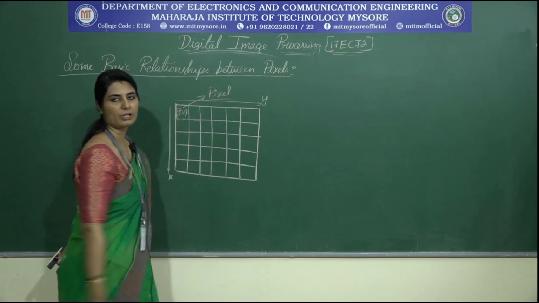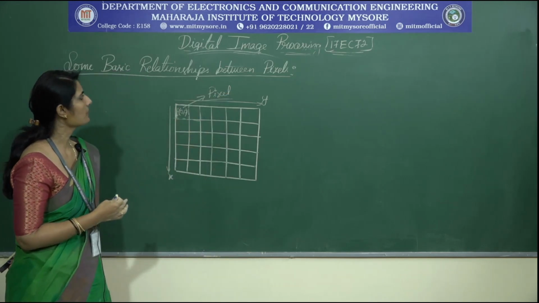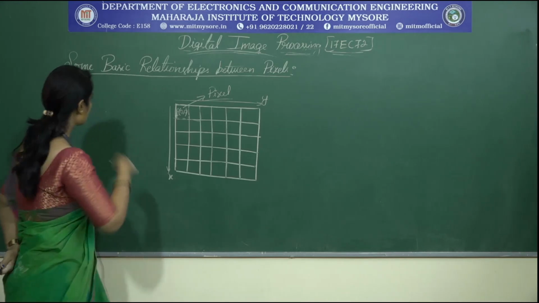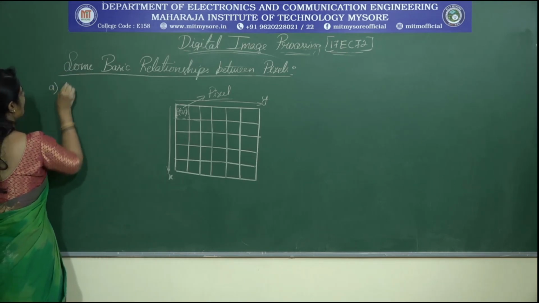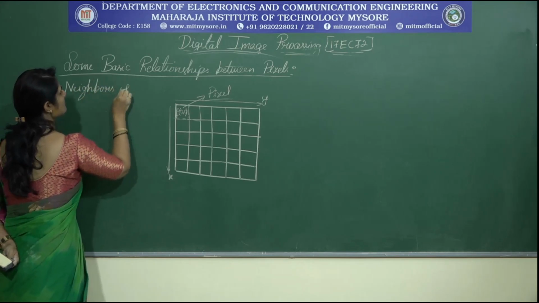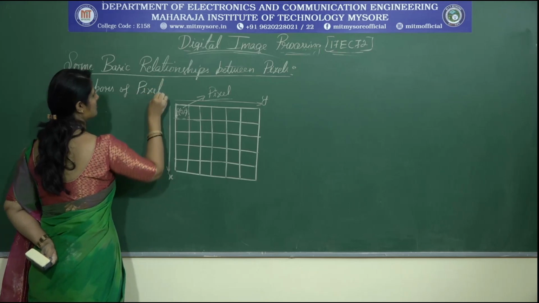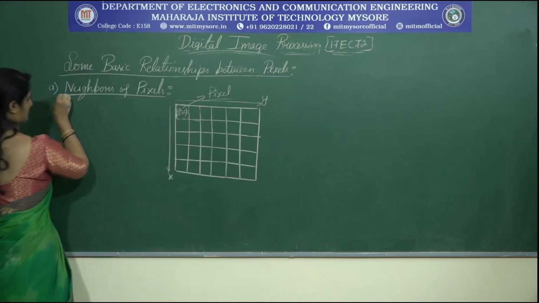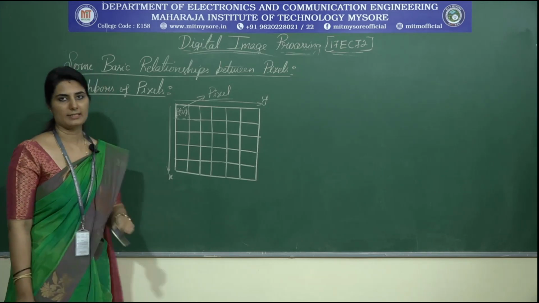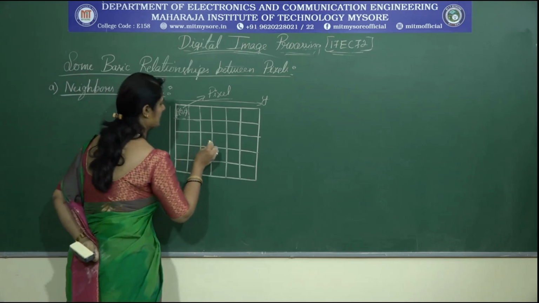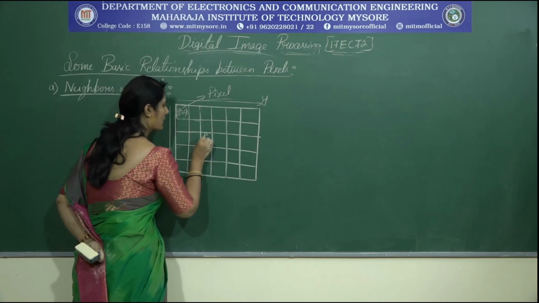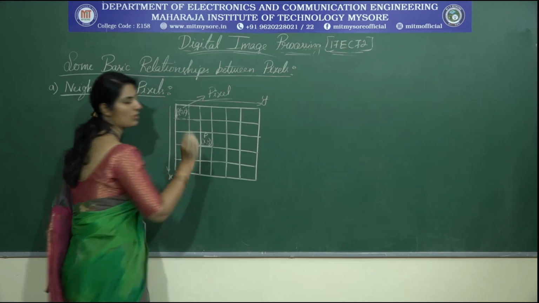So this is what a pixel is in an image. Now, in this topic we are studying some basic relationships between pixels. Under this, first is the neighbors of a pixel. To illustrate the neighbors of a pixel, let me consider a pixel P with coordinate value x comma y.